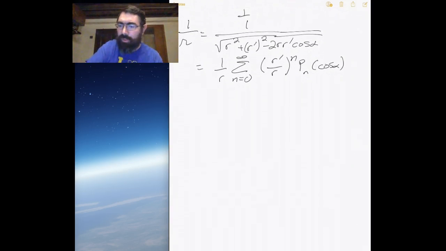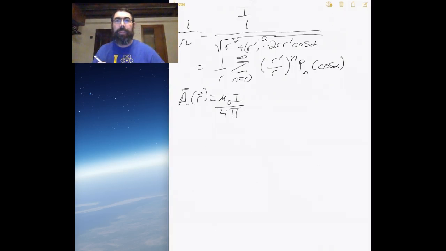Okay, so let me write down our function. A is mu 0 I over 4 pi, the sum, n 0 to infinity, 1 over r to the n plus 1, because there was an r to the n inside the summation, and there's 1 over r in front of the summation.